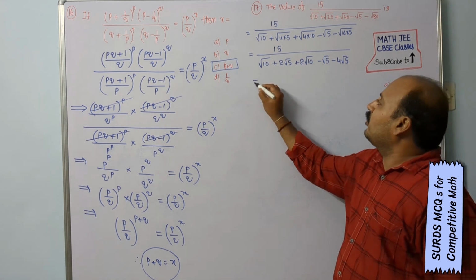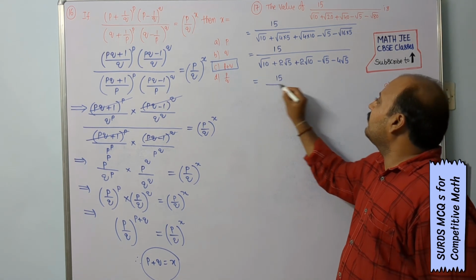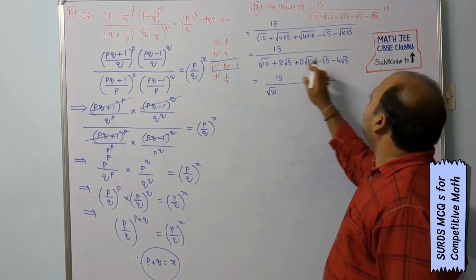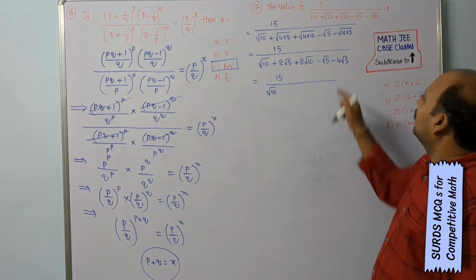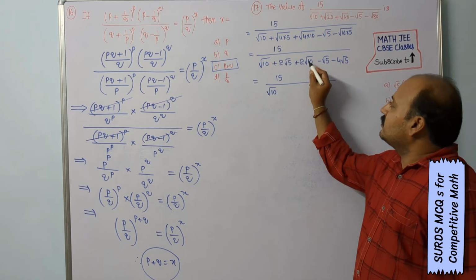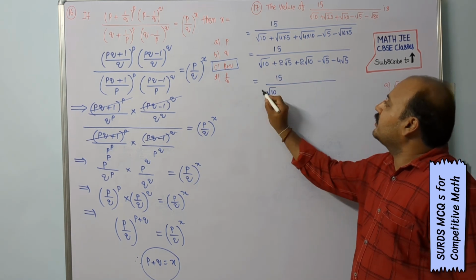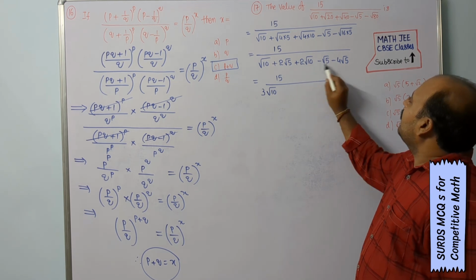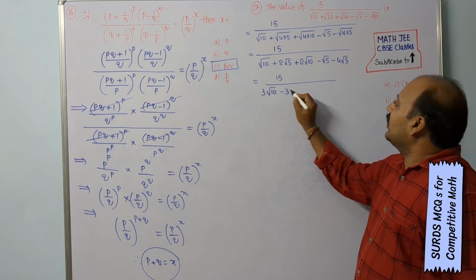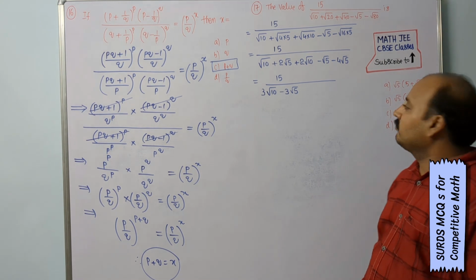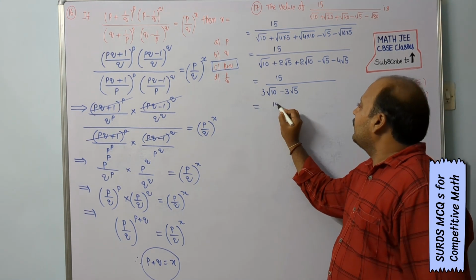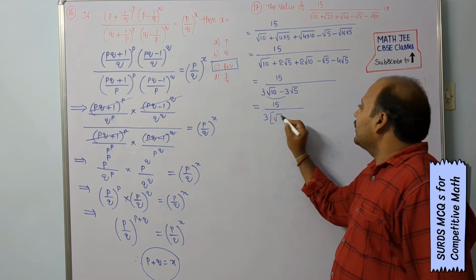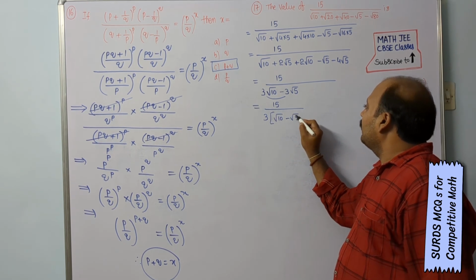Now one by one we have to simplify. 15 divided by root 10, 2 root 5 minus 5 root 5. So first, root 10 plus 2 root 10, 3 root 10. Okay. Next 2 root 5 minus 5 root 5 minus 3 root 5. So 15 divided by 3, take common here, root 10 minus root 5.